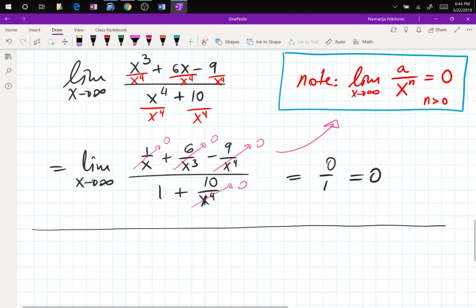By this being approximately 0? No, it's exactly 0. It's not approximately 0. It's gone because you're dividing by infinity. Just by division. That's what this means here. Think about it.